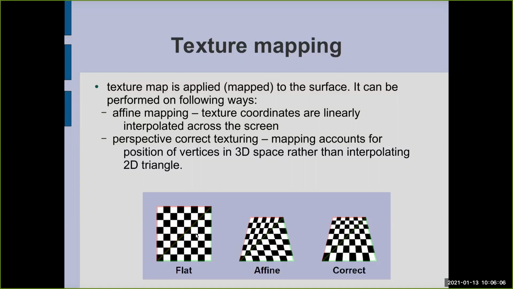Let's assume that we have the square object. But this square object, we can think about that this is a side of the three-dimensional object. Yeah? We can have cube, for example, or any other object.